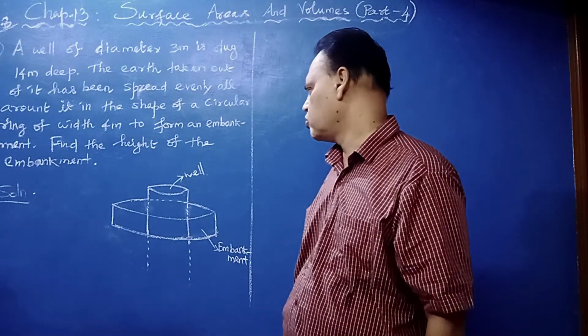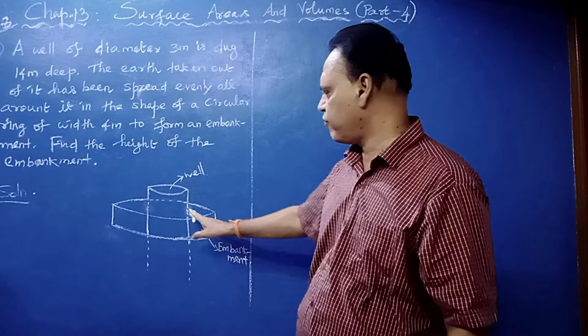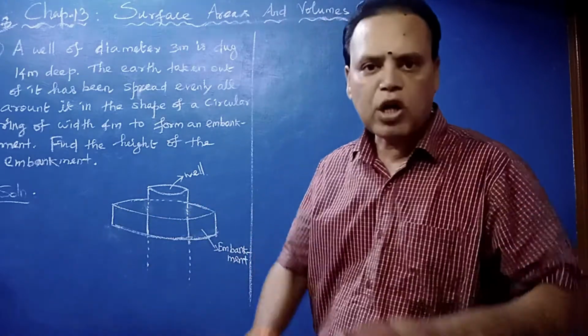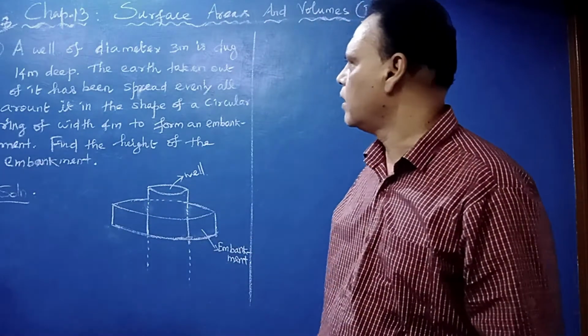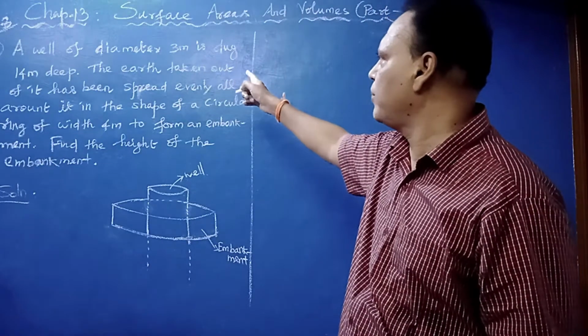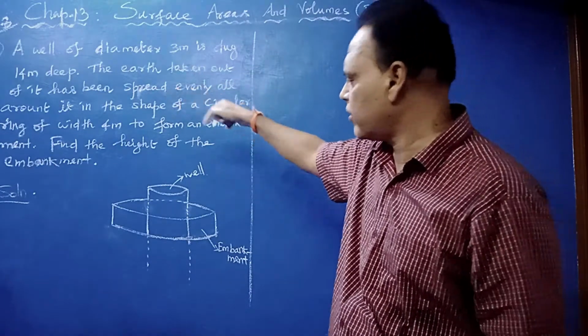Understand? So this is a well, and this is the embankment platform. An embankment is a circular platform, right? So a well of diameter 3 meter is dug 14 meter deep.